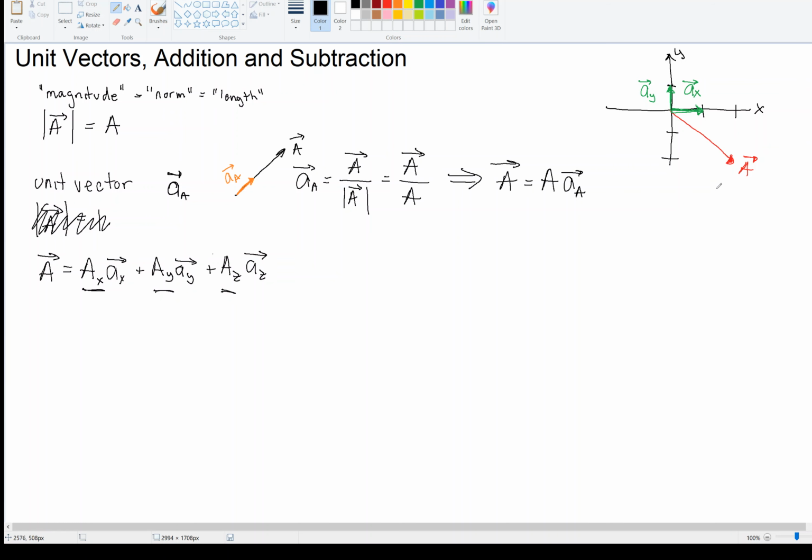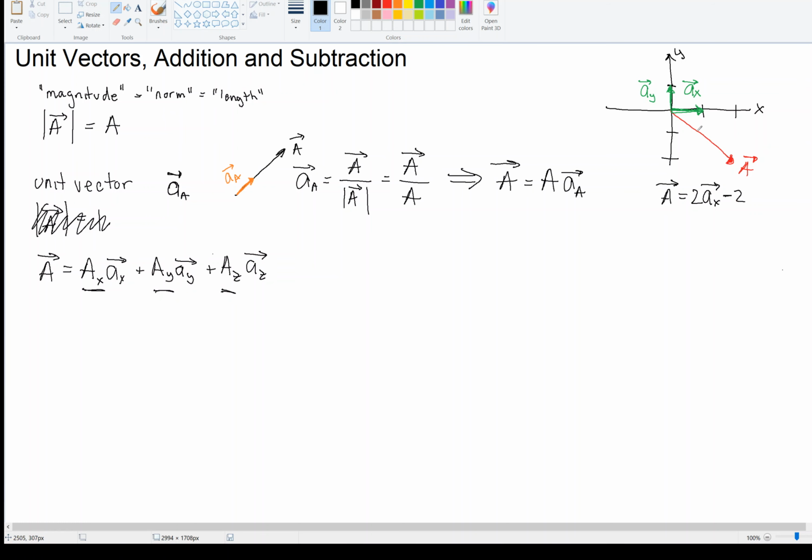So why do I need those? Well, now I can write my vector, not a y, excuse me, A. I can write my vector as it went 2 in the x direction, so 2 times a x, like that. So 2 is the component in the x direction, and then a plus, or minus in this case.